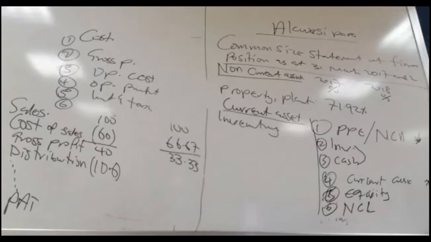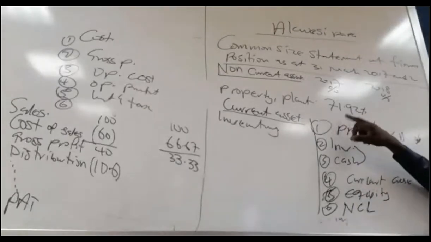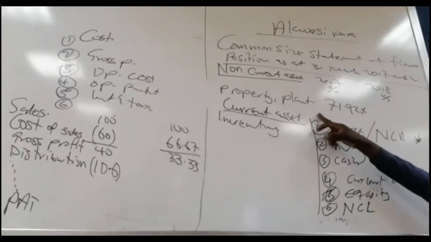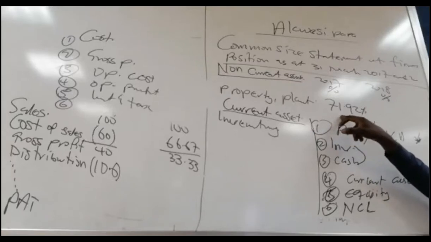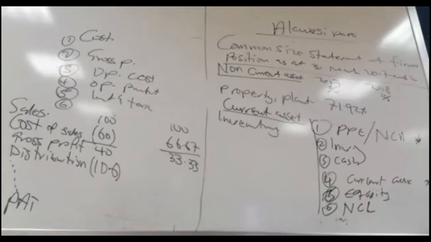So you start with the percentage of the PPE as compared to that of the total asset. So here we had 71.92. So in 2017, the PPE represents 71.92% of the total assets as compared to 72.94 in 2018. Good.